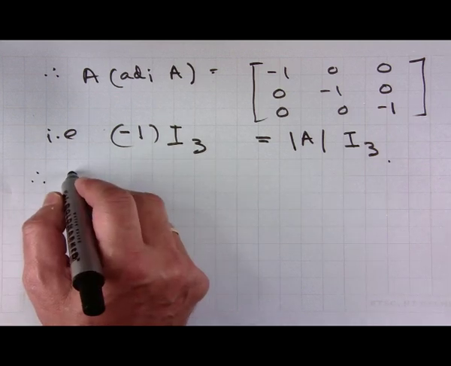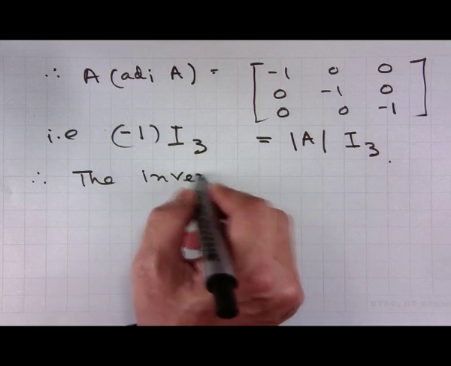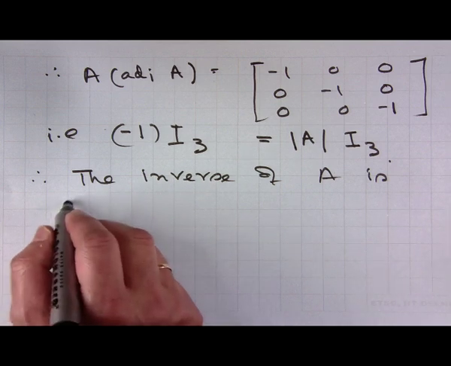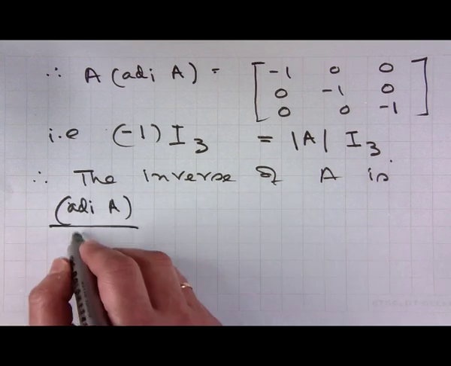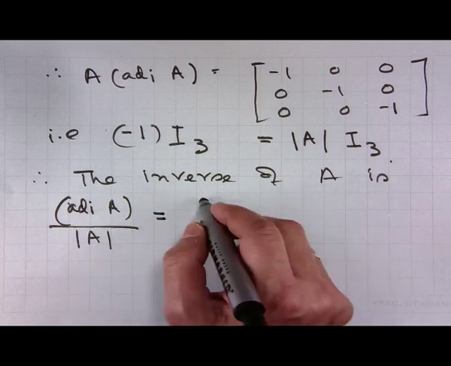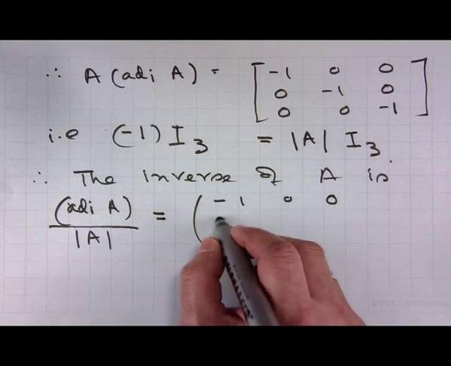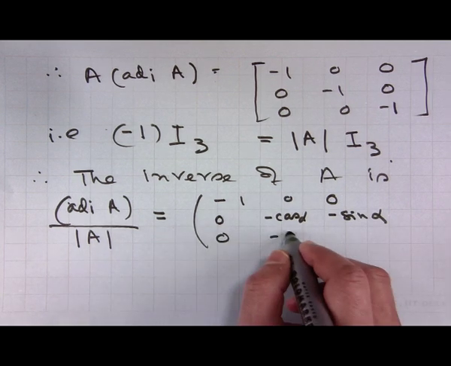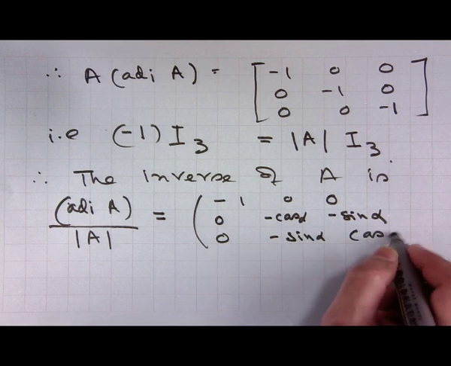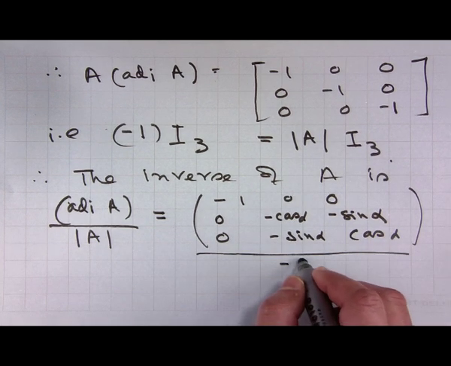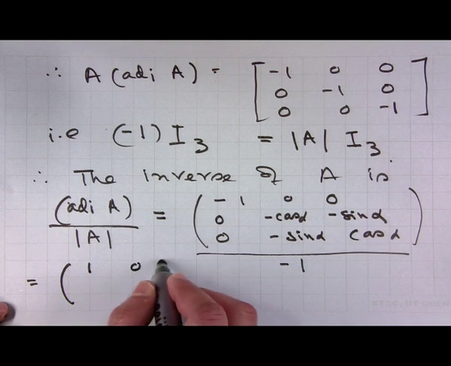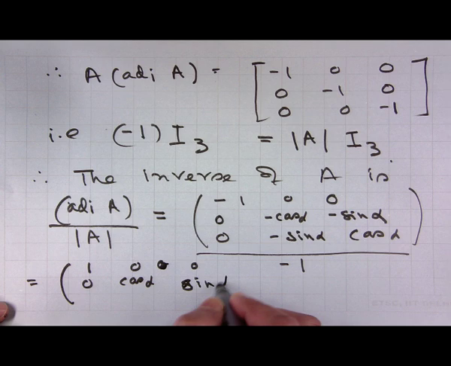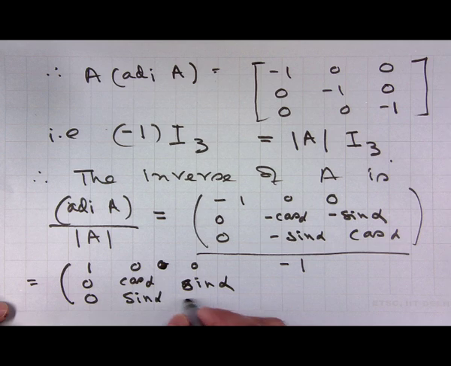Therefore, also we can calculate the inverse of A, which is adjoint of A divided by determinant of A, equal to minus 1 0 0, 0 minus cos alpha minus sin alpha, 0 minus sin alpha into cos alpha, whole divided by minus 1, which is equal to 1 0 0, 0 cos alpha sin alpha, and 0 sin alpha minus cos alpha.